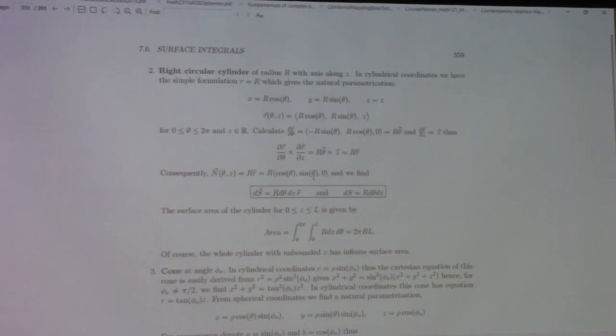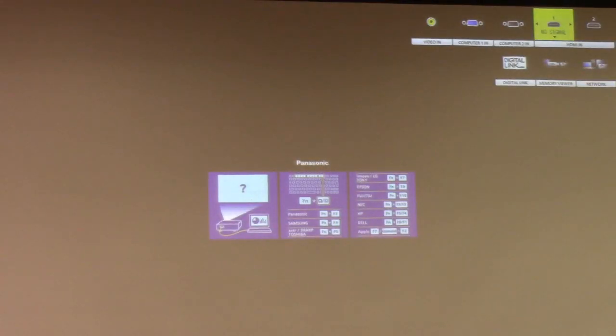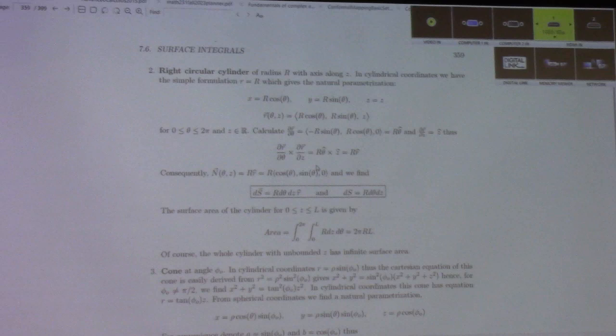So, we could also talk about how to parameterize a cylinder, right? Come on, laser. I've lost my laser. Here we go. It's so annoying. So for a cylinder, notice what I do?